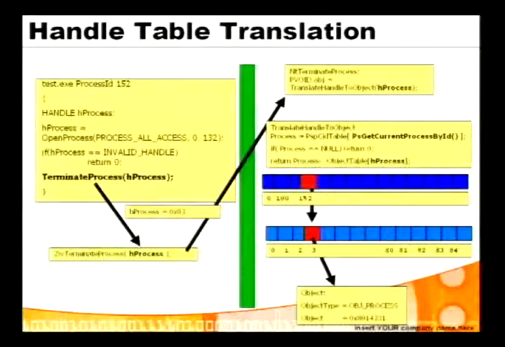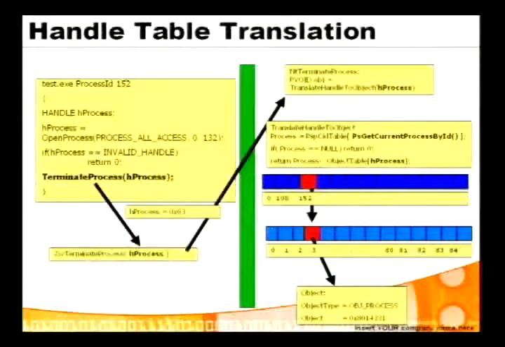So we're going to go to process 152's handle table eventually. You see there the first blue array that showed up, that is the handle tables, or that's all the processes. Here we're going to go to 152, and then we're going to go to its individual handle table, which is pointed to by the EPROCESS block of process 152.